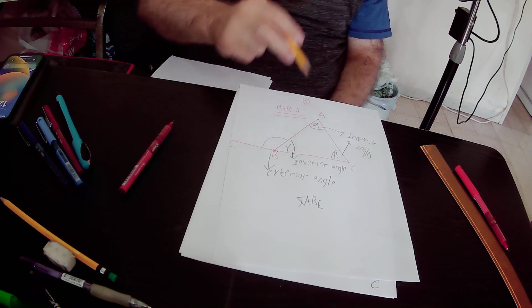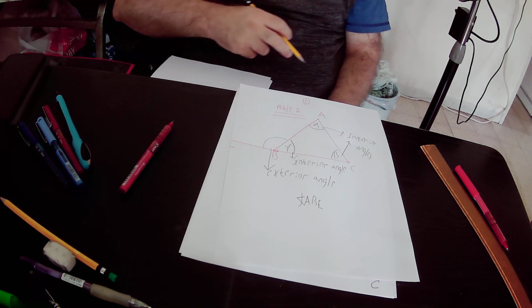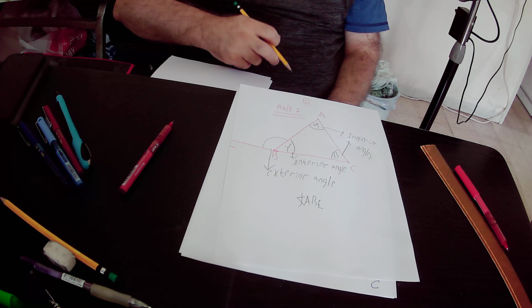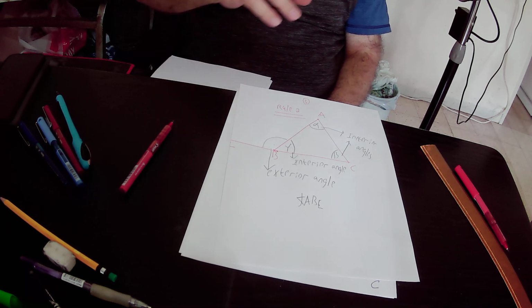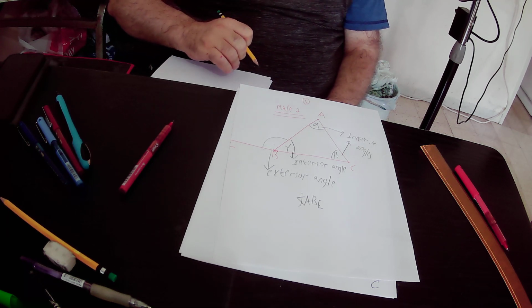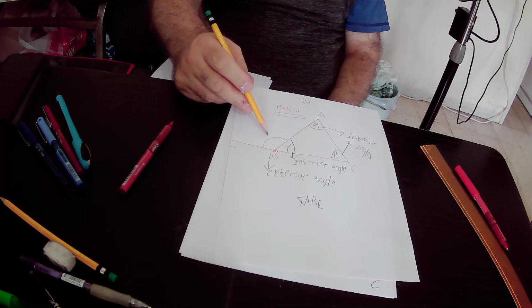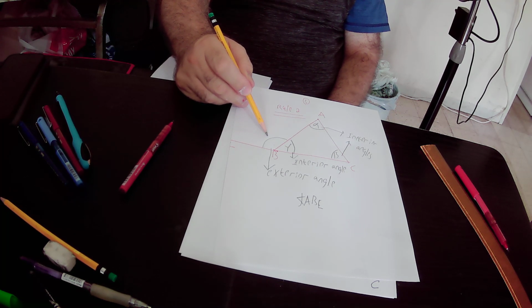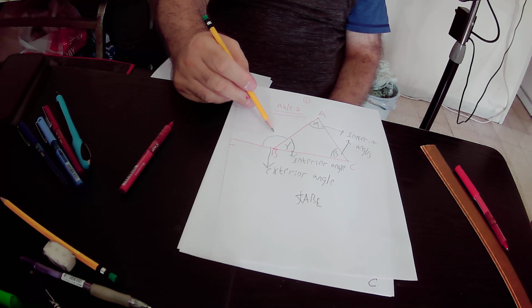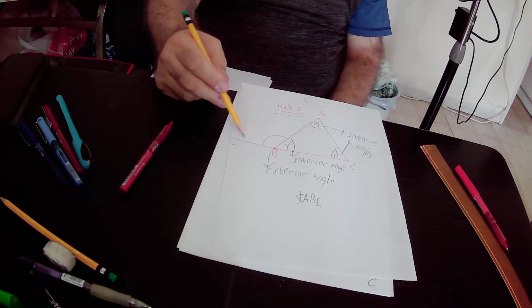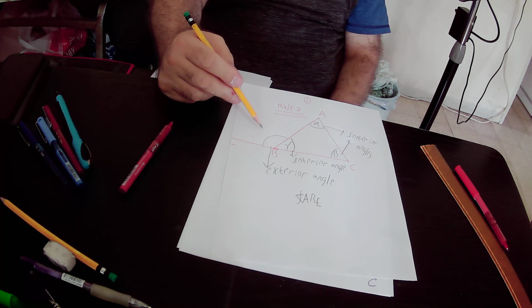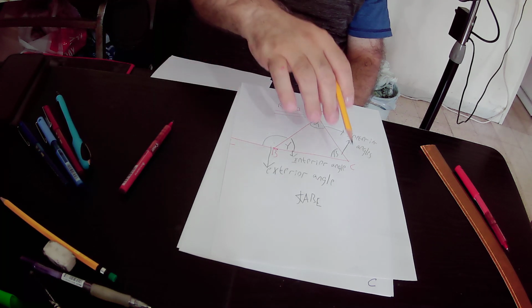Angles alpha, beta, and gamma are defined as interior angles because they are inside triangle ABC, while angle ABL is defined as an exterior angle of triangle ABC because angle ABL is located outside triangle ABC.